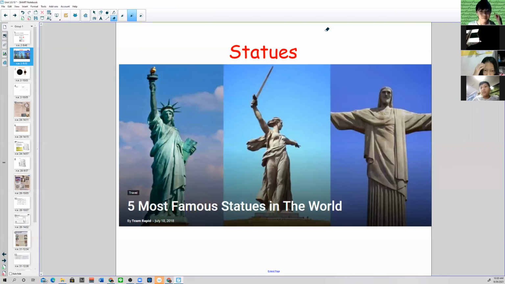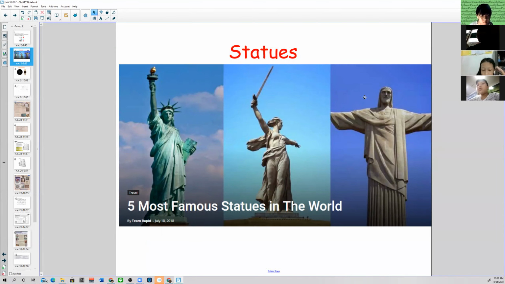Here, this is what we call statues. This one is the Lady of Liberty, a gift from France to America to declare their freedom. And this one, I'm not sure, maybe it's Joan of Arc. And the right one is Jesus Christ.